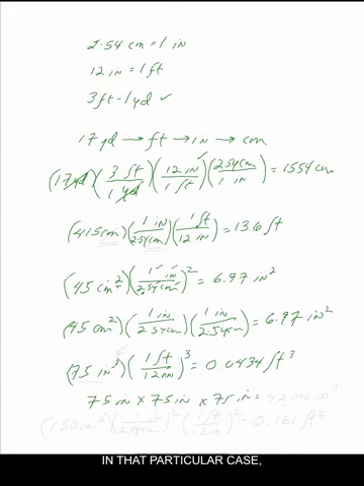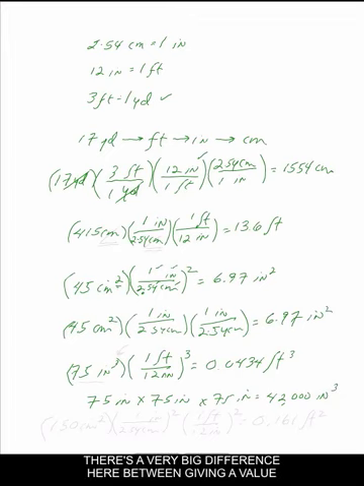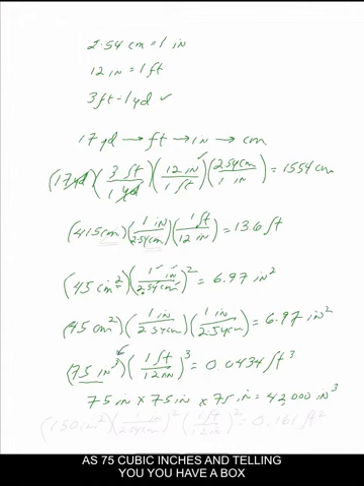In that particular case, the volume of that box would be 75 cubed, 75 times 75 times 75, which works out, according to my calculator, to be about 42,000 cubic inches. There's a very big difference here between giving a value as 75 cubic inches and telling you I have a box that is 75 by 75 by 75 inches.